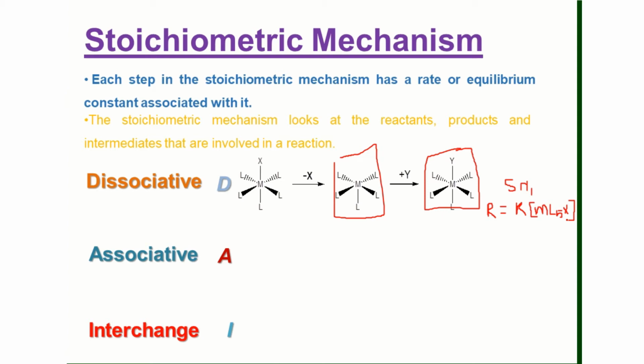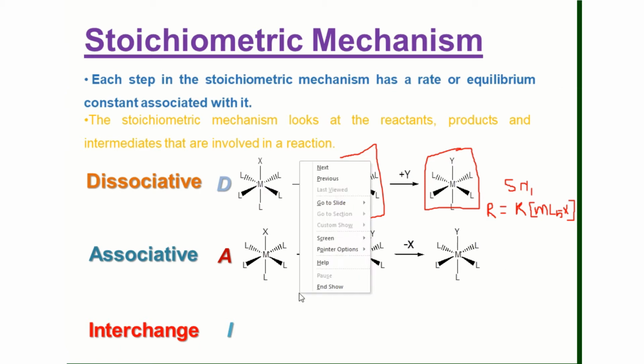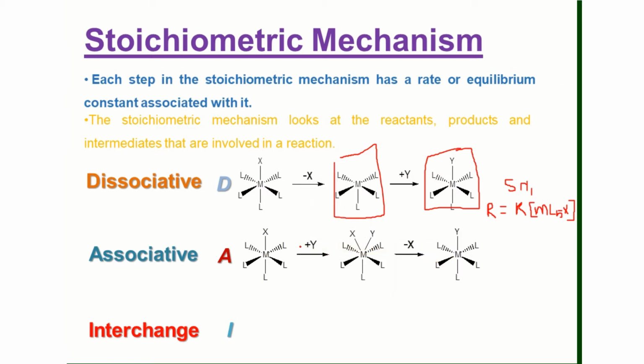So now we can also have the associative mechanism. This time around, the associative mechanism differs from the dissociative one. The addition of Y occurs before the removal of X, as you can see. In other words, in the associative mechanism, we have a 7 coordinate intermediate, because we have 1, 2, 3, 4, 5, 6, 7, right?